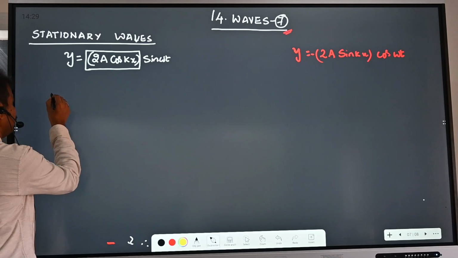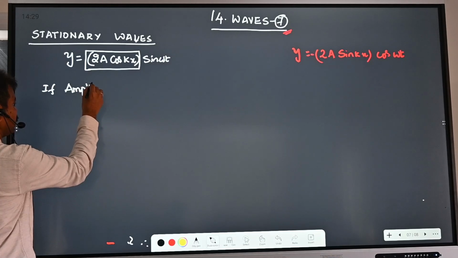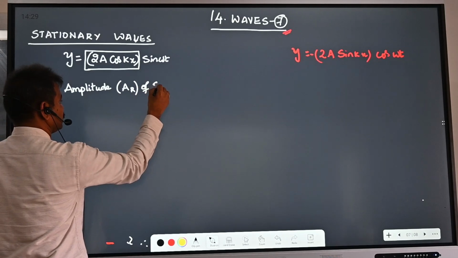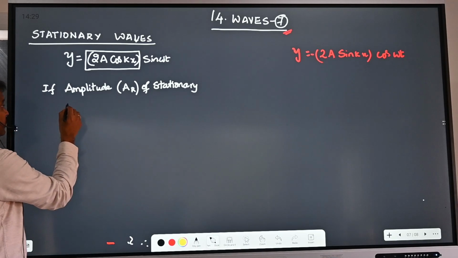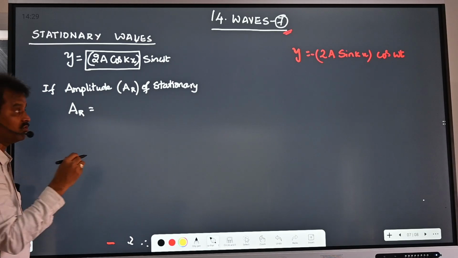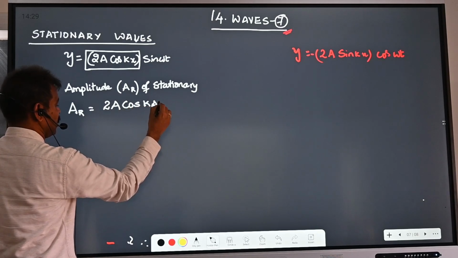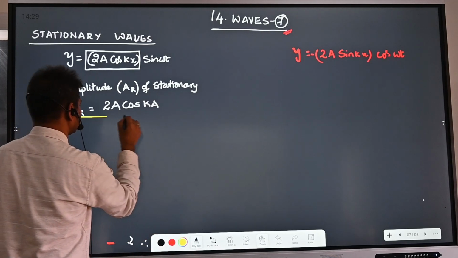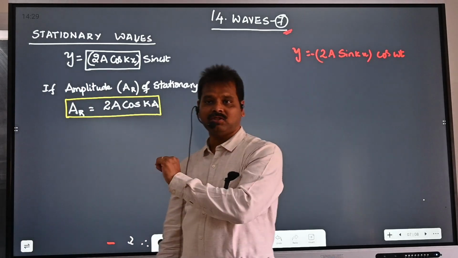The resultant amplitude, which I am writing as A_R, the amplitude of the stationary wave, is given by 2A cos kx. This is the amplitude of the stationary wave.